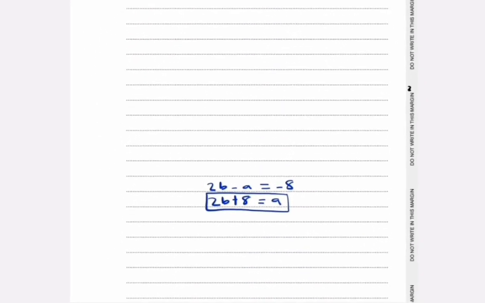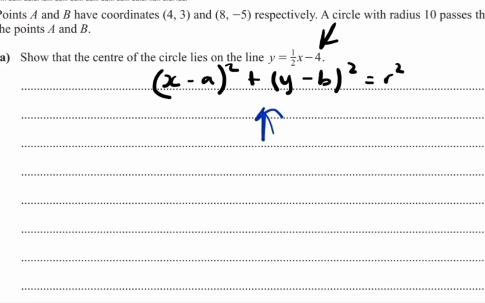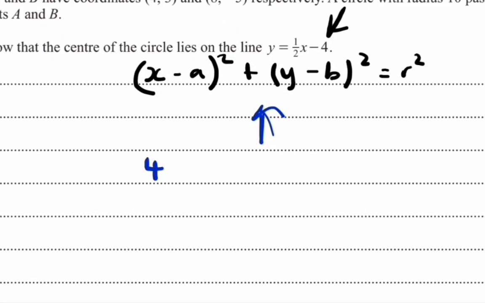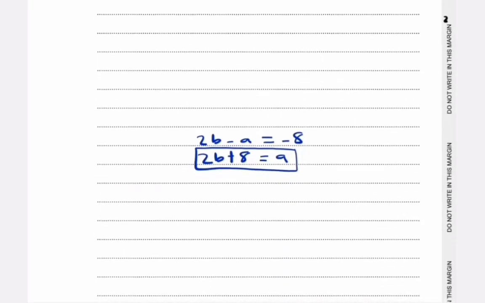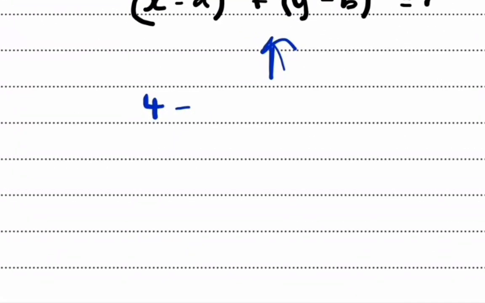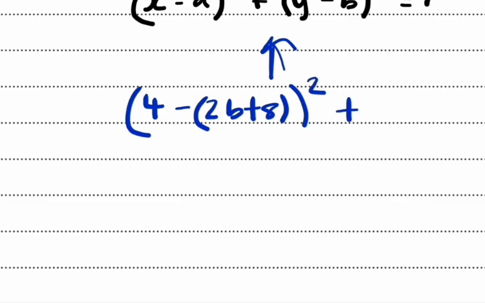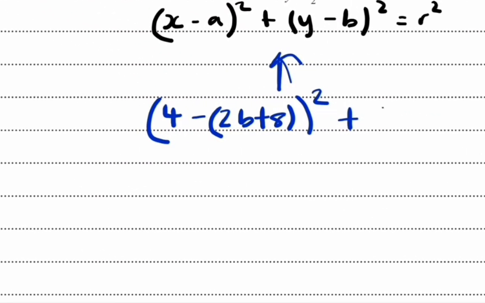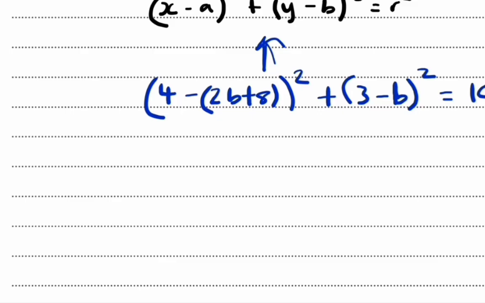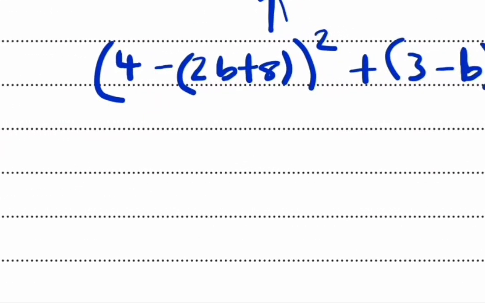So I know a is 2b plus 8. So x, which is 4, minus 2b plus 8 for a, and this is being squared, plus our y for that particular coordinate, which is 3 minus b squared, should give us 100, like this, right?